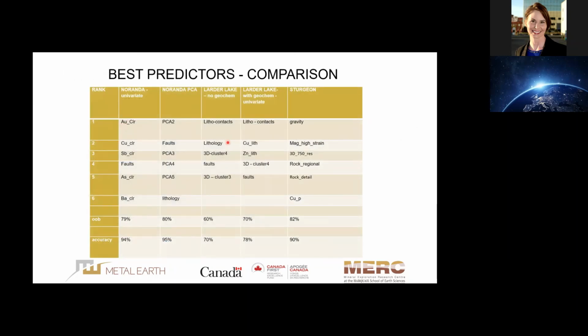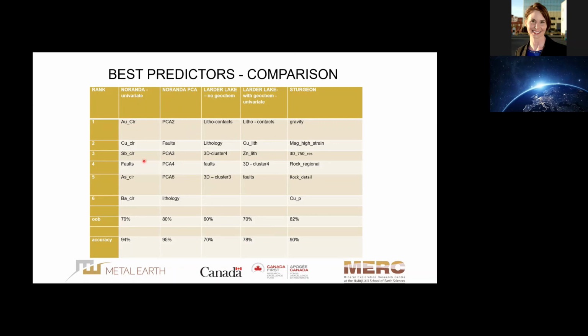So one idea we thought in terms of the overall goal of Metal Earth in looking at fertile versus non-fertile belts, we've plotted here some of our models here: Noranda, univariate geochemical analysis, Noranda, looking at multivariate, Larder Lake, which I haven't presented at all because Hemming, one of my colleagues, will be presenting that shortly, and Sturgeon Lake. So this is the rank as established by the random forest for the best predictors for each model.